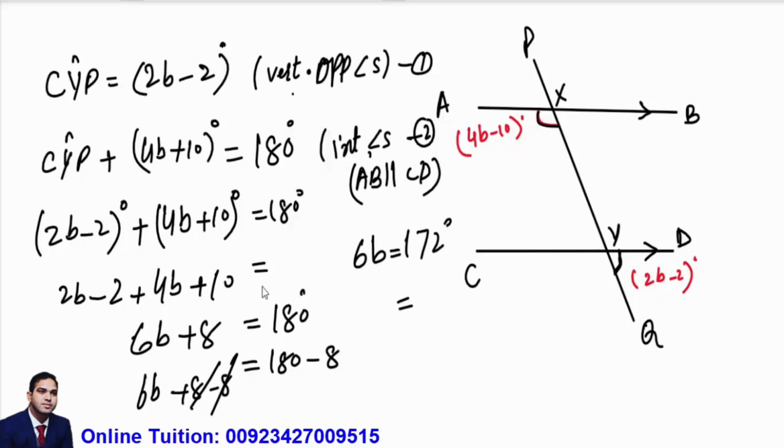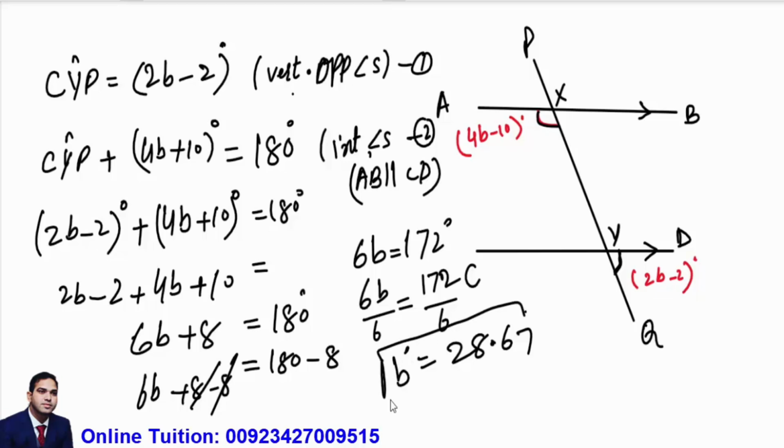Okay, now after that, dividing 6B on both sides, this is 172 divided by 6, this is 28.67. This is B degree, and keep in mind this is negative 10 and we took this positive.